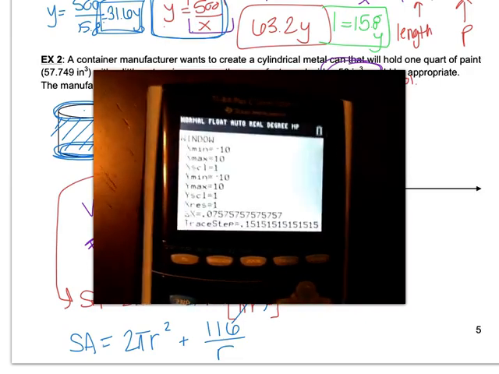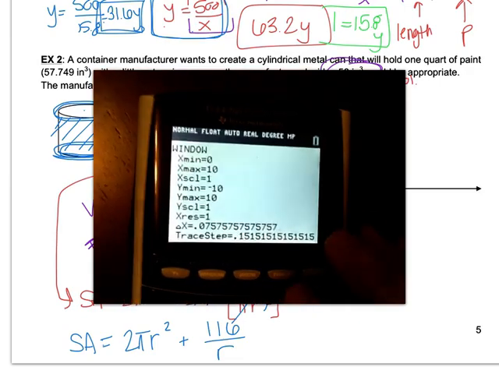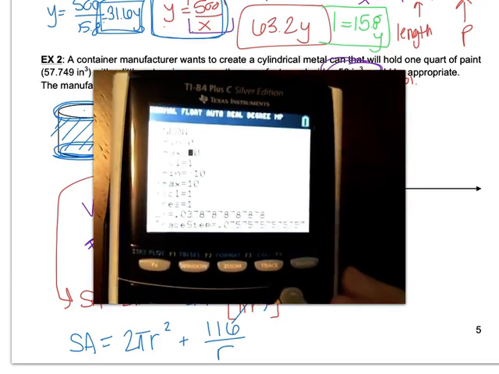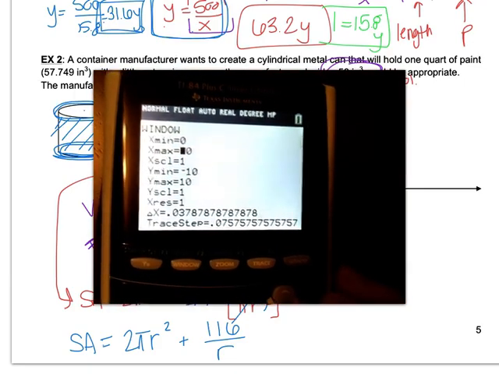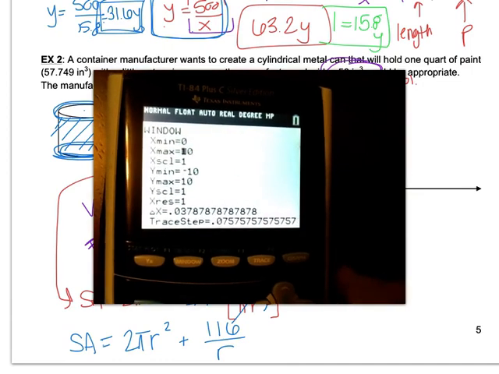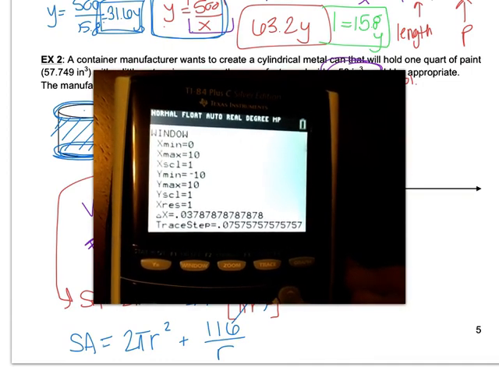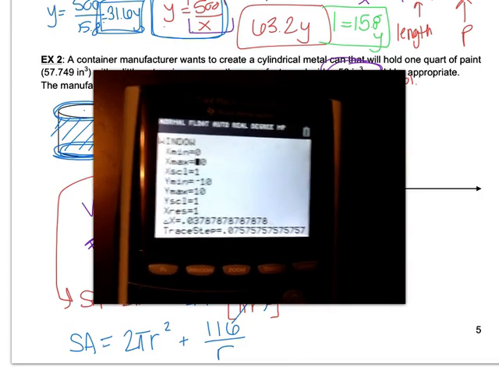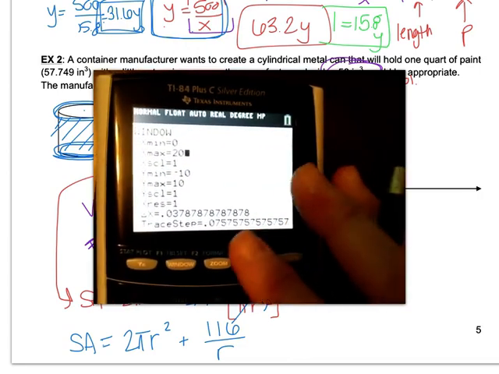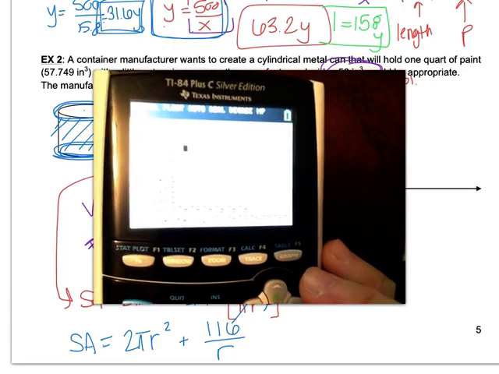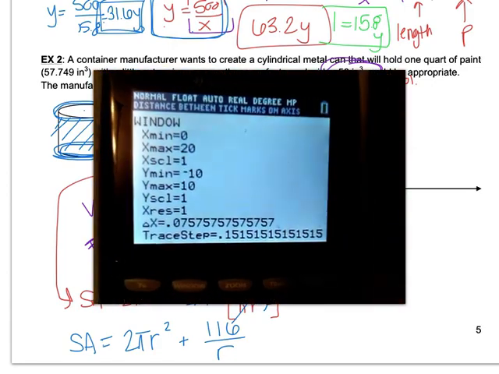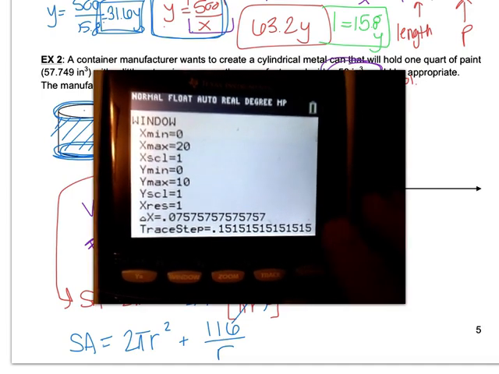I only care about positive radius values. My x values, remember that's representing the radius of a paint can, so think logically about the radius of a paint can. I can't imagine it being that high. I do want a complete picture though. So we're not going to have a 20-inch radius, but let's just see if we can get a full picture of that.